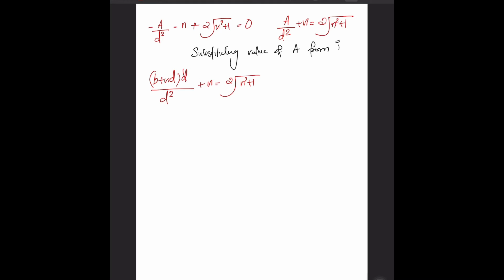We can cancel this d and this square, so what will remain is (b plus nd) by d plus n is equal to 2 root of n square plus 1.